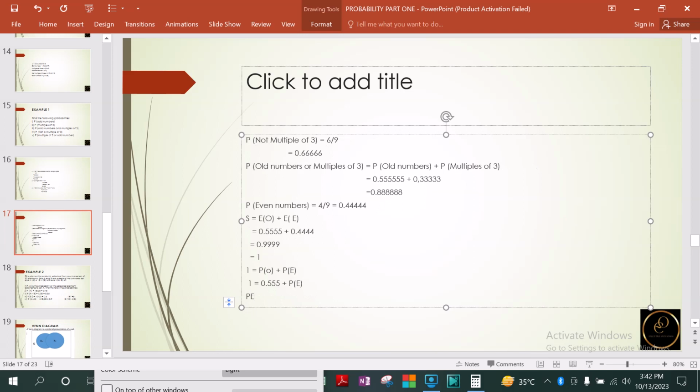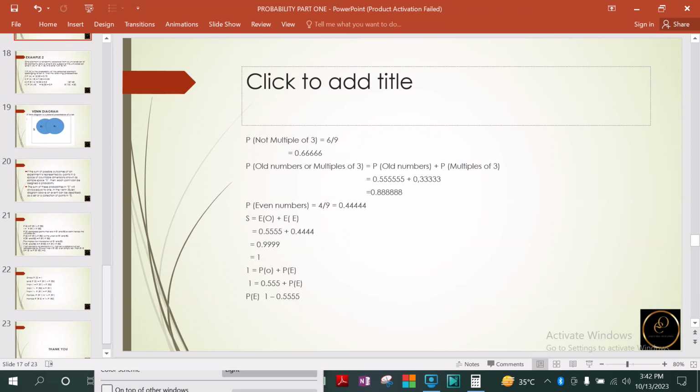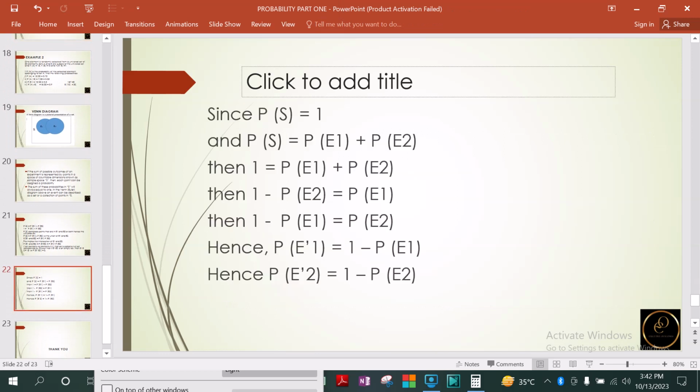The probability of even number will be equal to 1 minus 0.555. So definitely you're going to get the other one, 0.444. Okay, so that's how it is done. That's the logic behind what we are trying to calculate here.